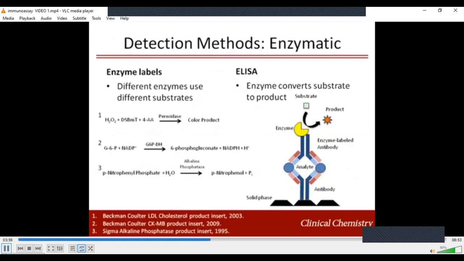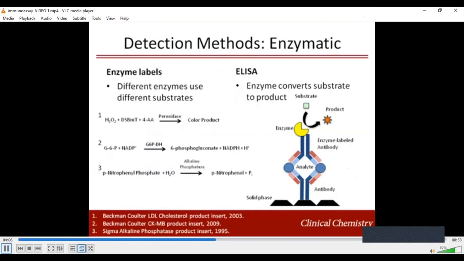The most common enzyme-based antibody labels include alkaline phosphatase, peroxidases, glucose-6-phosphate dehydrogenase, and beta-galactosidase. Enzymatic immunoassays are advantageous due to the amplification inherent to the enzymatic process. The substrate-to-product reaction can produce a colored product, fluorescent product, a photon, or even an intermediate substrate for a second enzymatic reaction.